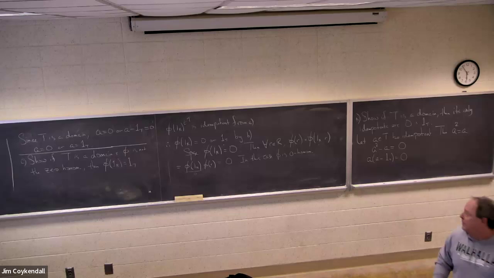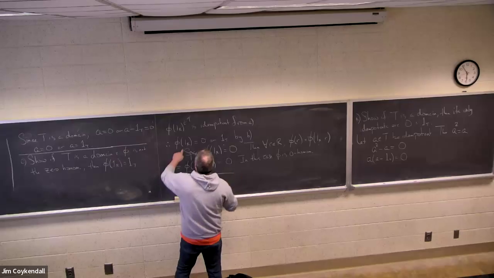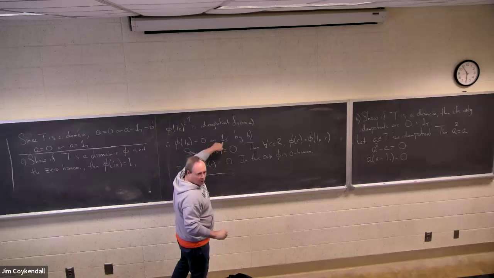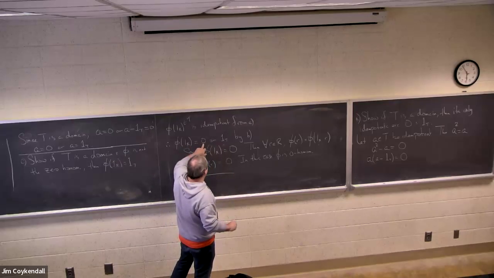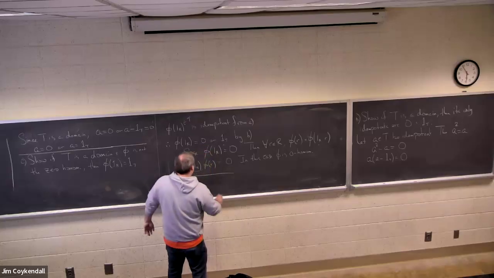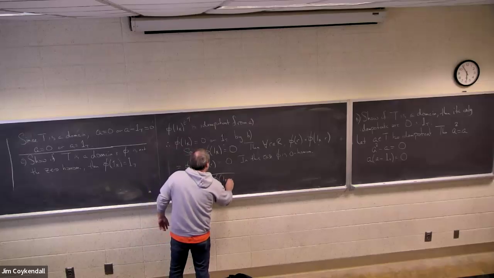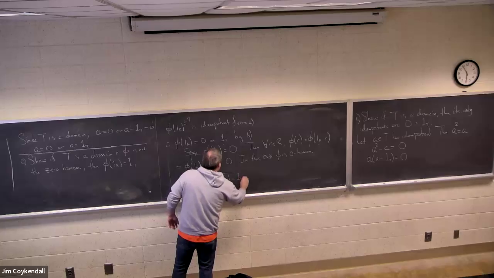And that's a no-no. So phi of 1_R had to be either 0 or 1. But we found out that if it's 0, it takes everything to 0. Well, then I said it's not supposed to be the 0 homomorphism. Therefore, phi of 1_R, no choice.